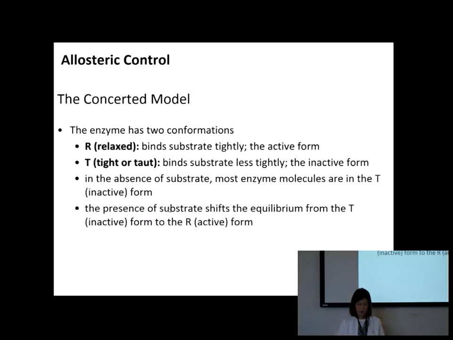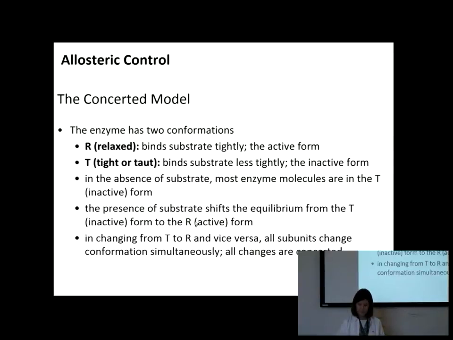And what happens is, in the presence of the substrate, we're going to shift the equilibrium from the taut form to the relaxed form, all the subunits at once. We get our easy binding or active form. So all changes are concerted. In all subunits, it's happening all at once.